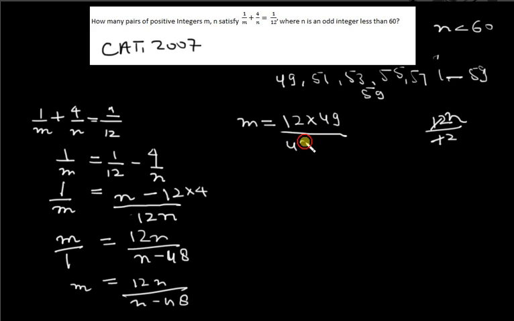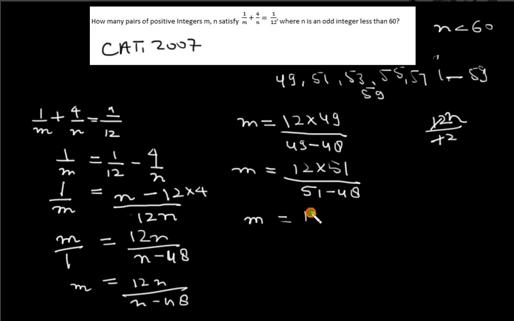So I write 49 minus 48, then for m, 12 into 51, and n minus 48, where n is 51, so 51 minus 48.